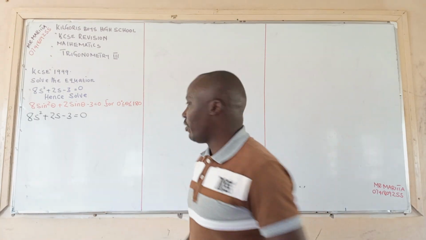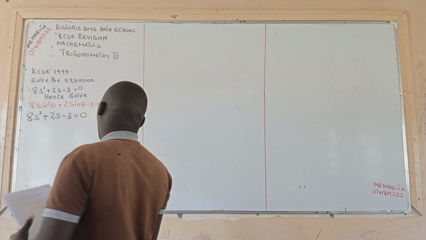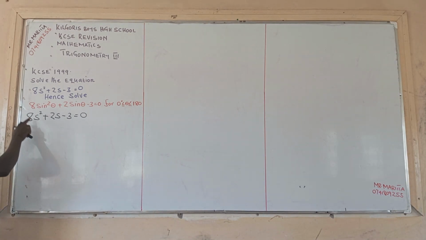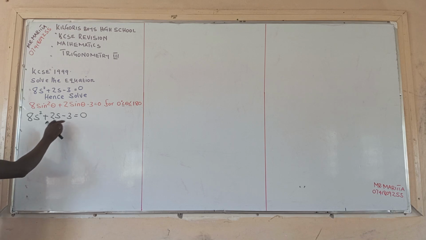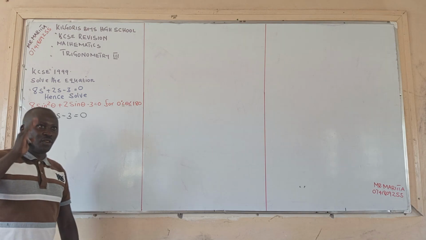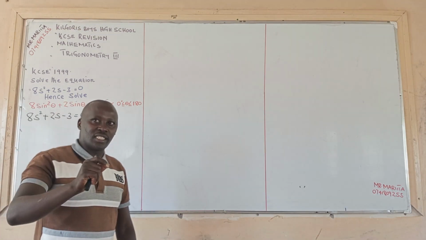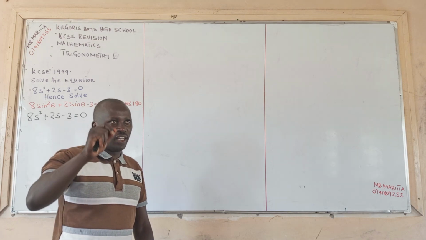So this one qualifies to be a quadratic equation. We have 8s squared plus 2s minus 3 is equal to 0. This equation is in the form of ax squared plus bx plus c is equivalent to 0.